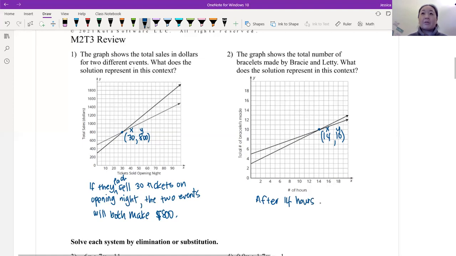So after 14 hours, Bracy and Letty would have both made 10 bracelets. All right, that's it. So that's the explanation of these solutions here.